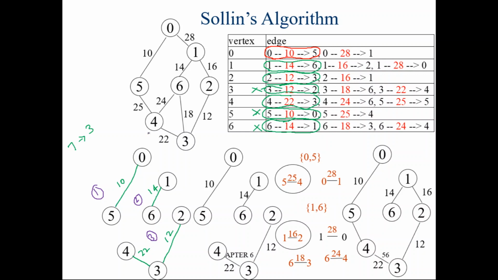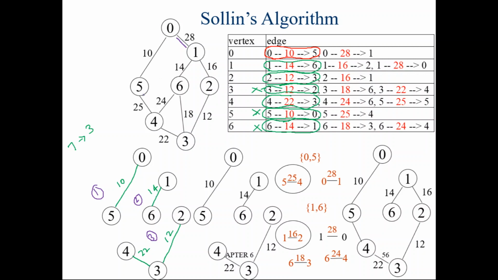First let us see for 0, which edges go from 0 and are not added to the spanning tree. If you see, this edge is not added to the spanning tree and its cost is 28. This one is added, so we cannot consider it. This is the only edge which is not added. Okay, so 0 side is done.